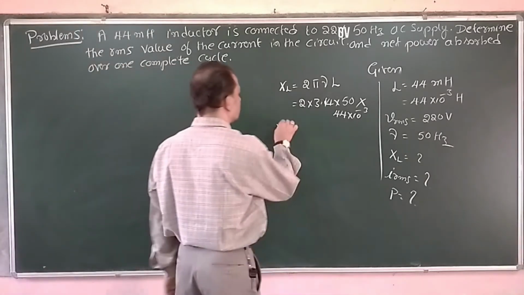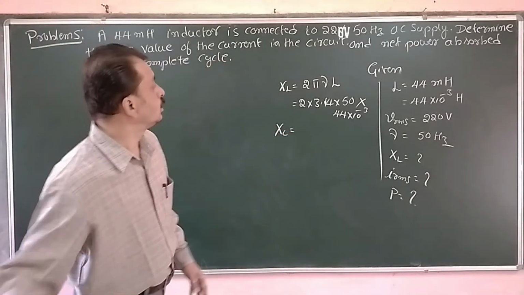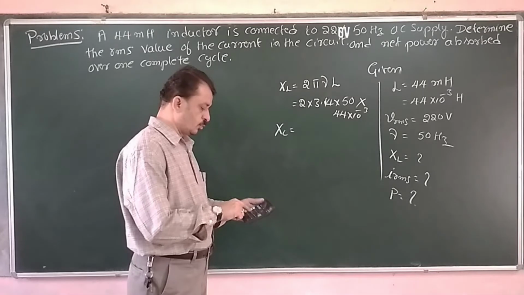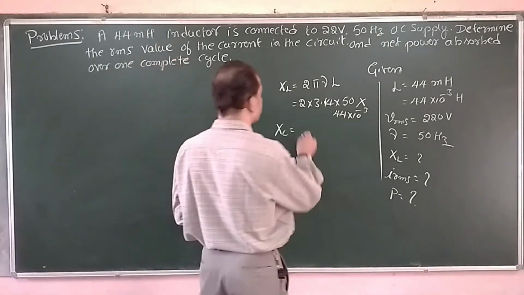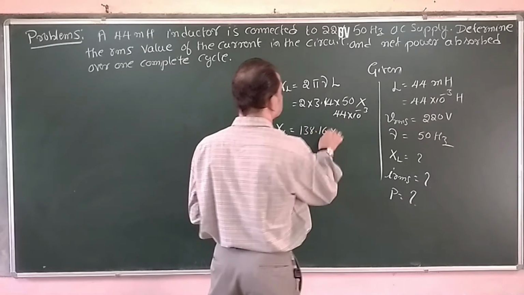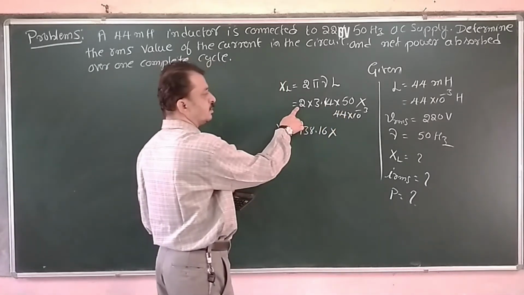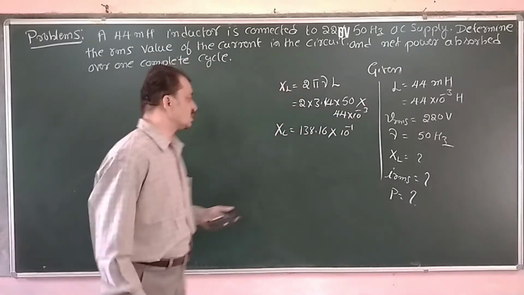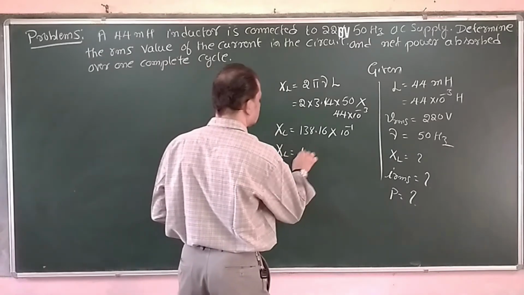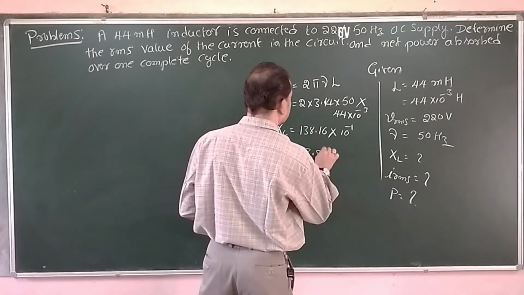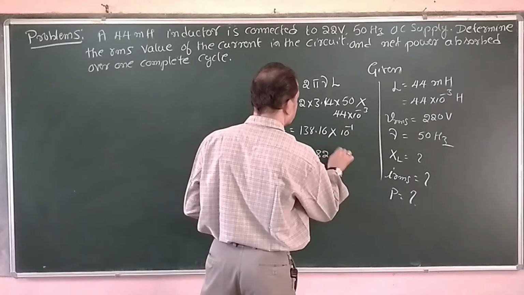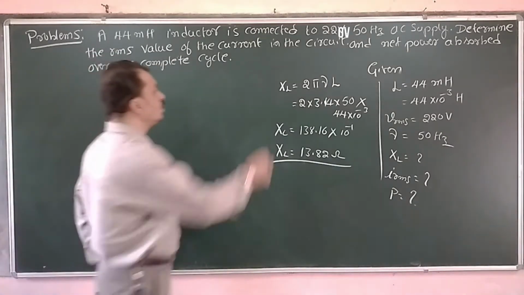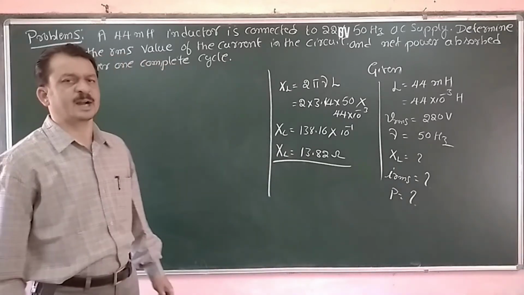Therefore, XL is equal to 44 into 3.14, which is 138.16, into 10 raised to minus 1, so I will get XL equal to 13.816. If you round it off, we will get 13.82 ohms. That is the inductive reactance.